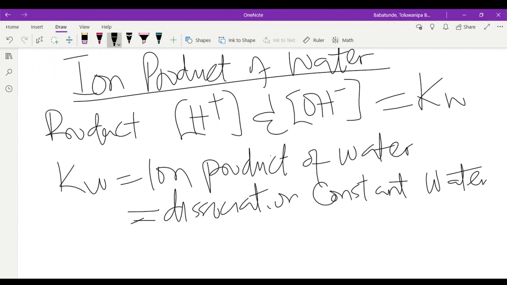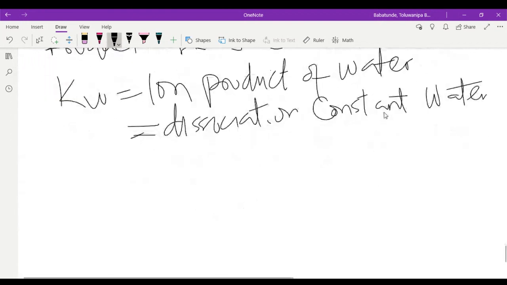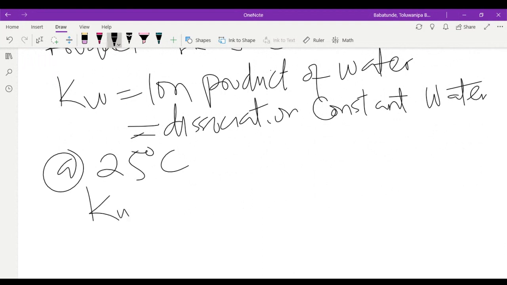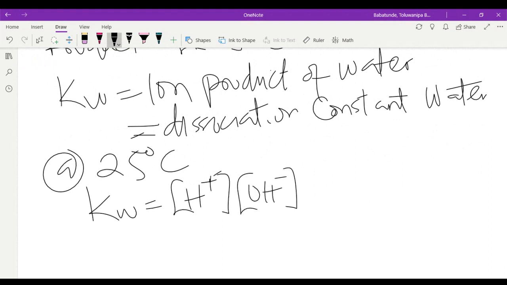So at 25 degrees C, our Kw is the concentration of hydrogen ion times the concentration of hydroxide ion, and it gives us 1.0 times 10 to -14.